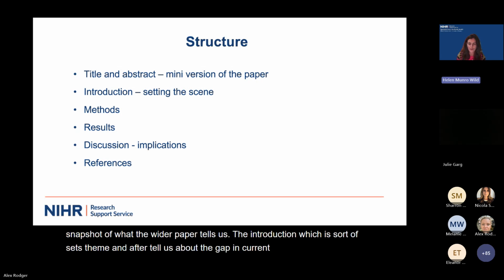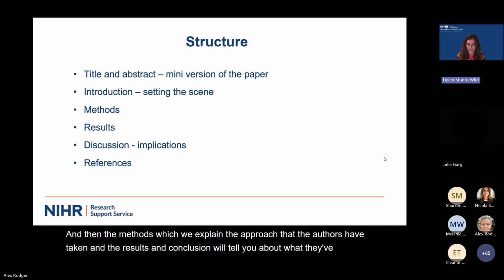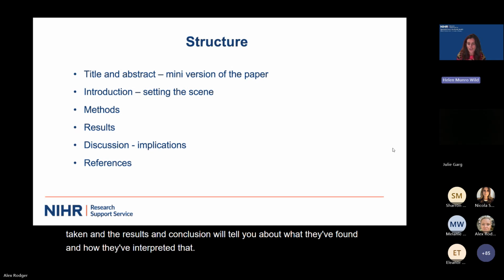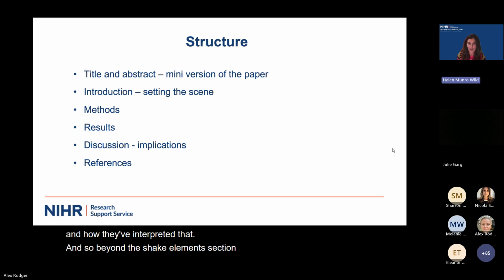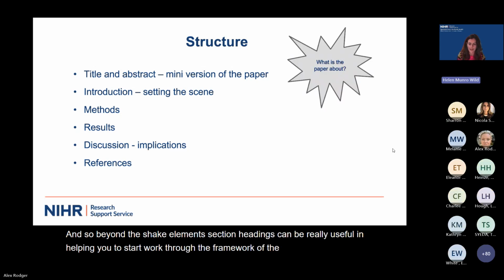And then the methods, which will explain the approach that the authors have taken, and the results and conclusion will tell you about what they've found and how they've interpreted that. So beyond these generic elements, section headings can be really useful in helping you to work through the framework of the paper, and I'll talk a bit more about that in a minute.